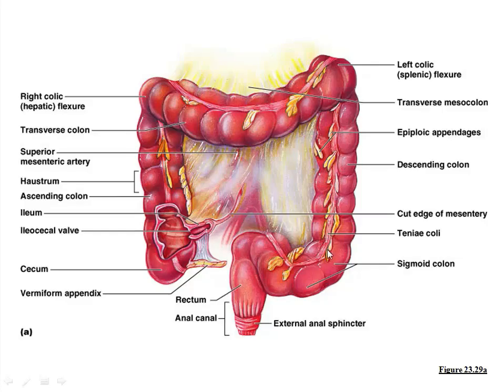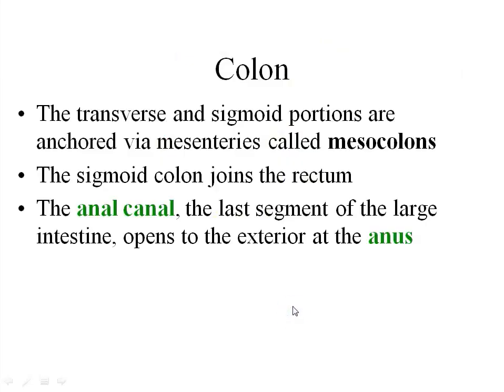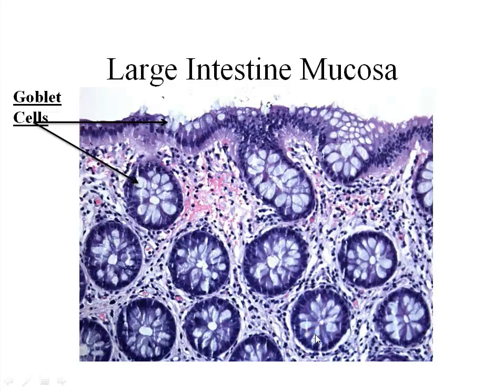The descending colon is there, the sigmoid colon and the rectum. The colon, transverse, and sigmoid portions are anchored via mesenteries called the mesocolon. The sigmoid colon joins the rectum, and the anal canal, the last segment of the large intestine, opens to the exterior at the anus. We don't go into much detail of these anatomical structures, but we are more interested in the histological part of the large intestine.